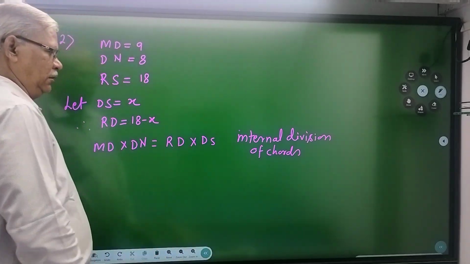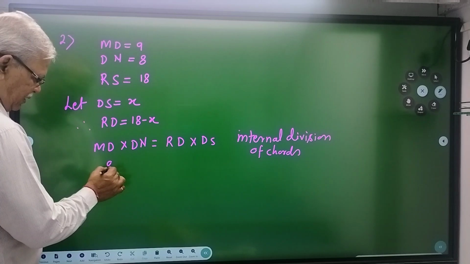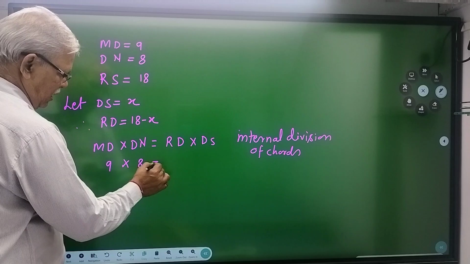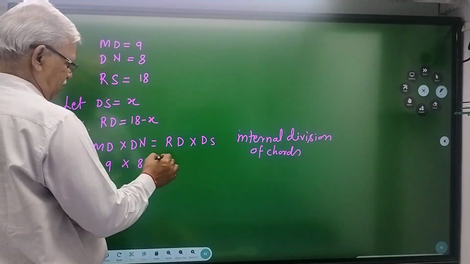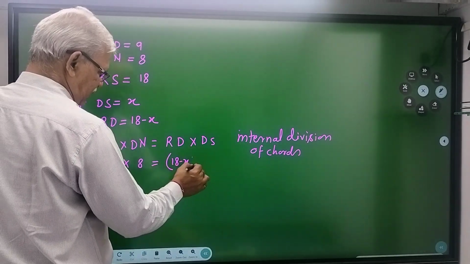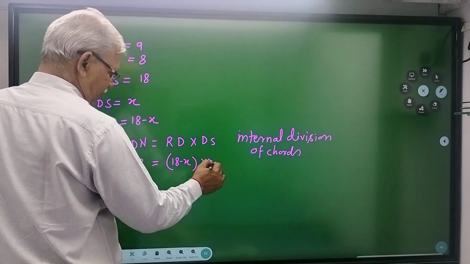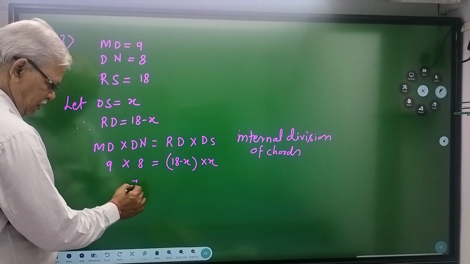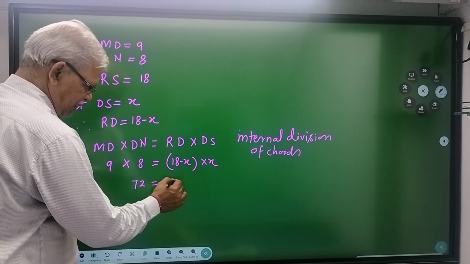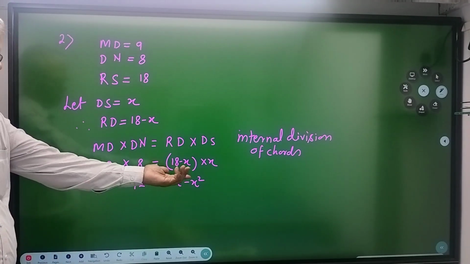Here MD is given 9, DN is given 8, RD we have to find out, means RD is 18 minus x, and here DS is x. Okay. Then here 9 times 8 is 72. It will be 18x minus x square.